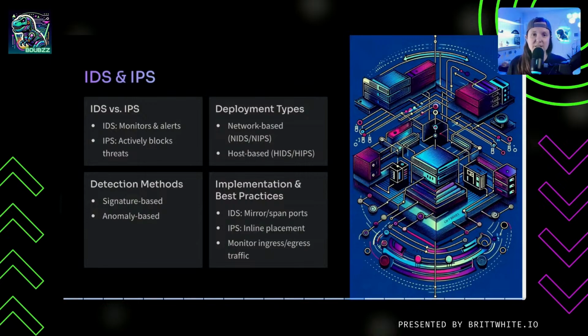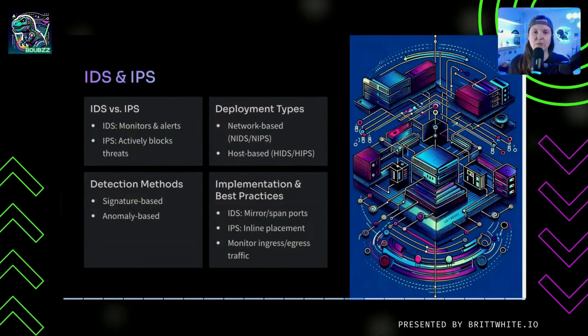The placement of these systems is crucial for their effectiveness. IDS systems typically connect to mirror or span ports, allowing them to monitor traffic without actually impacting the network flow. IPS systems, however, must be positioned inline since they can actively block threats. This inline placement requires careful implementation to avoid creating network bottlenecks.